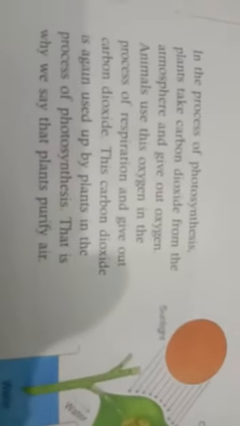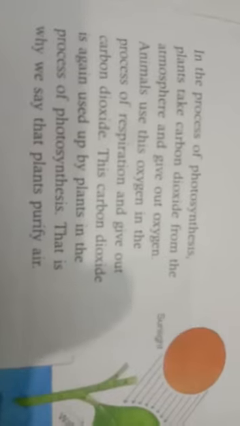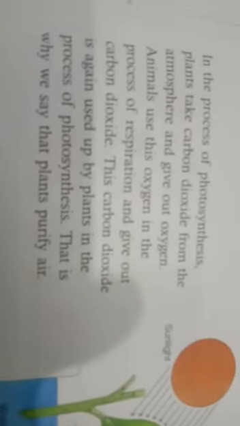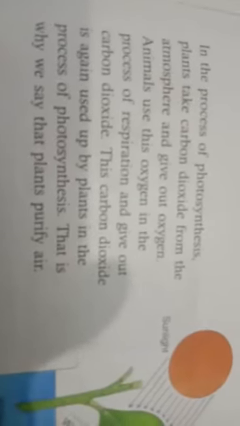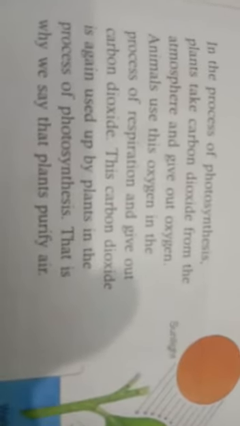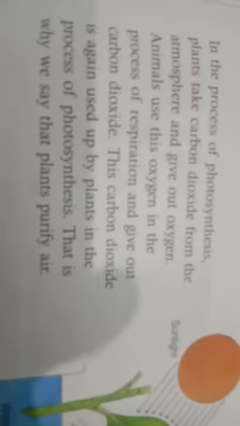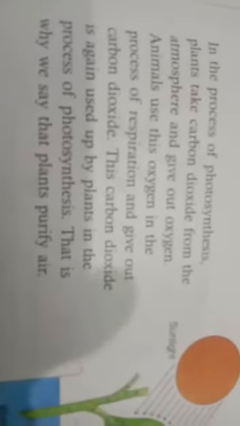As you see, in the process of photosynthesis, plants take carbon dioxide from the atmosphere and give out oxygen. Animals use this oxygen in the process of respiration and give out carbon dioxide. This carbon dioxide is again used by the plant in the process of photosynthesis. That is why we say that plants purify air.